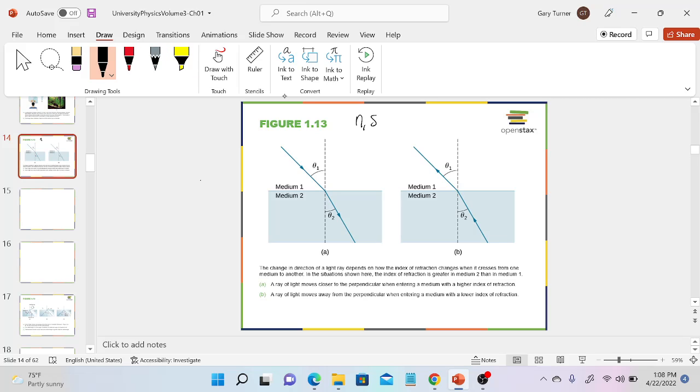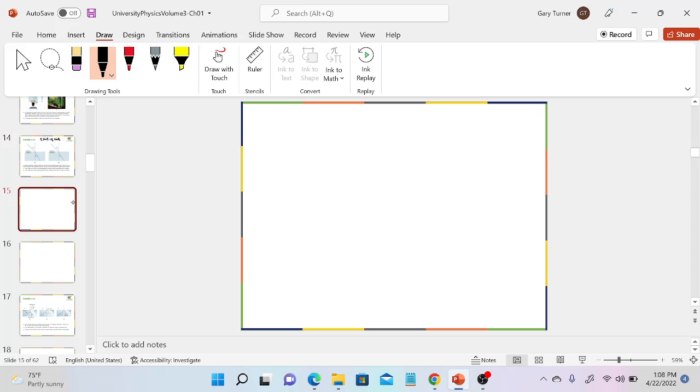So N1 sine theta 1 is equal to N2 times sine theta 2. And you can think of the one subscripts as your incident medium and your two subscripts as your refracted medium.